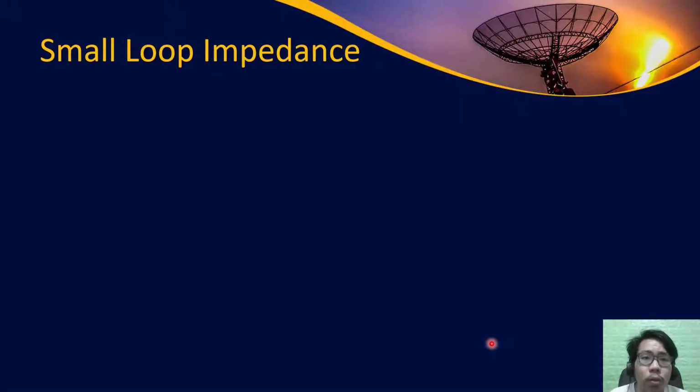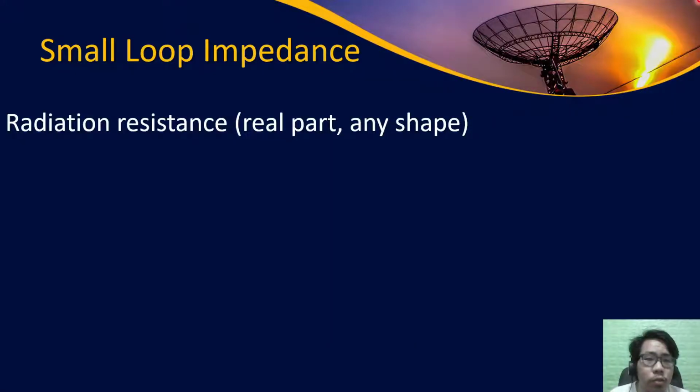So next, we will compute the small loop impedance. We will skip the computation for the large loop because they are resonant antennas. First, for the small loop impedance, we have a radiation resistance, which is the real part, and this is applicable to any shape of the loop.